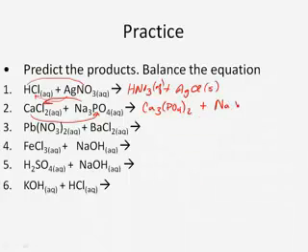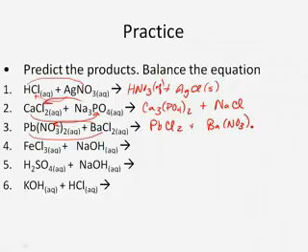Always remember you're going to write your formulas out so that you have a neutral compound that you're forming. Okay, and then just finishing this up, we have the lead going with the chloride, the barium with the nitrate. So I have PbCl2 and barium nitrate. And again, I'm not balancing these, but you need to do that.